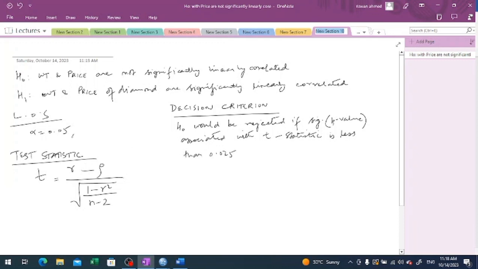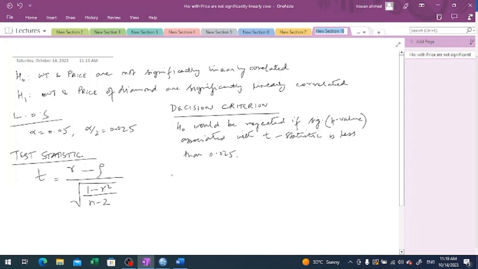Over here I would mention that we did not mention the nature of relationship between these two variables, so we need to perform a two-tailed test, and the results we would be getting in the correlation matrix that we have already opted for, and the output and the results are presented in the output. So we need to perform a two-tailed test, less than 0.025. Okay.